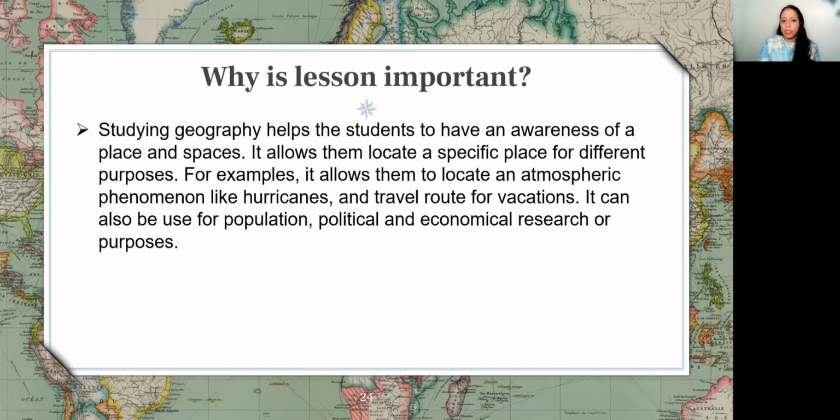It also helps them locate atmospheric phenomena like storms, hurricanes, and tornadoes. They can also use these skills when they go on vacation, when they travel to locate places like Disney or a foreign country. It also can be used when they study in college for population, political, and economic research.